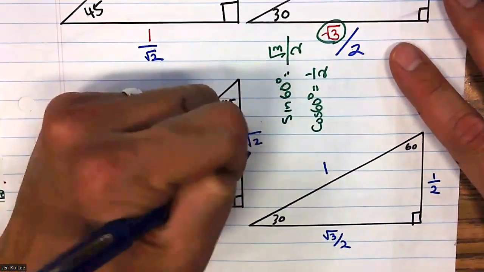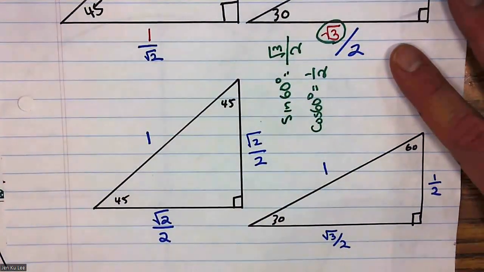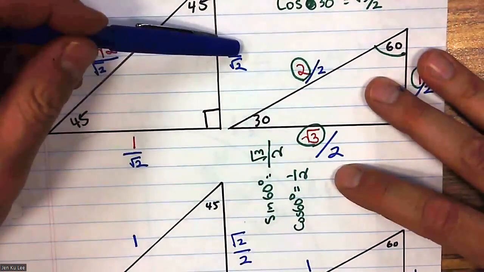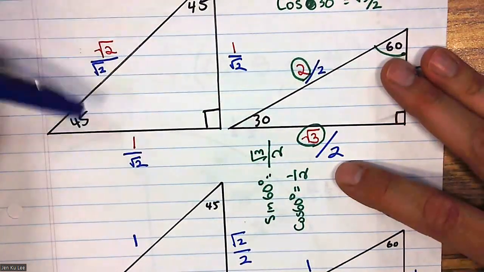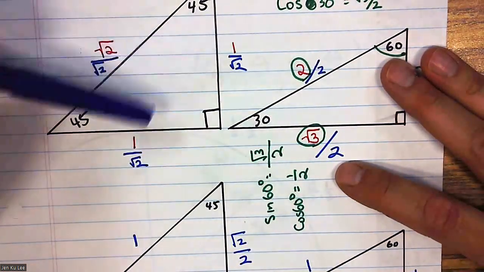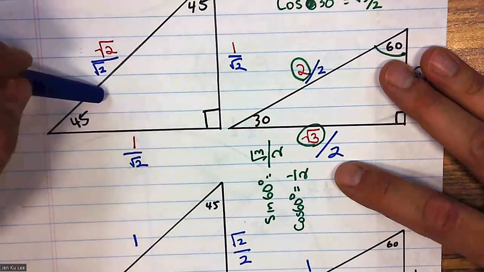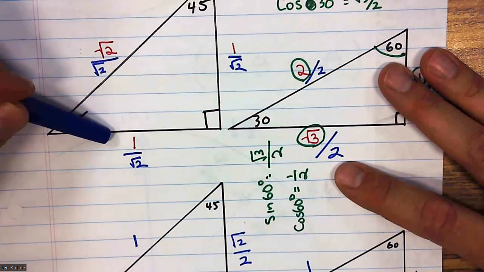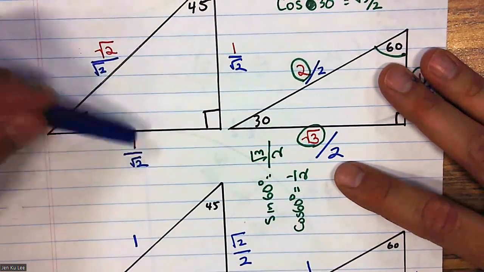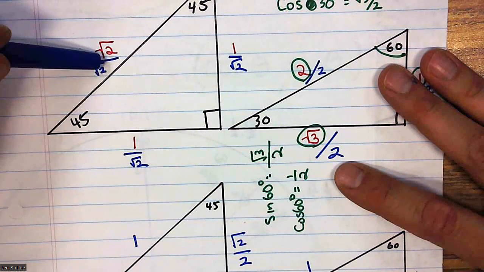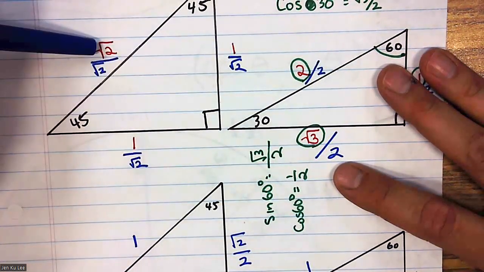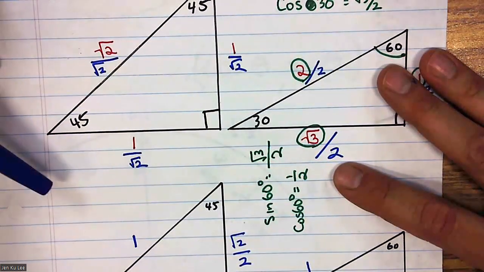And this side would be square root of 2 over 2 as well. So my cosine, which is adjacent over hypotenuse, is 1 over square root of 2. My sine will be 1 over square root of 2, looking at the red numbers.